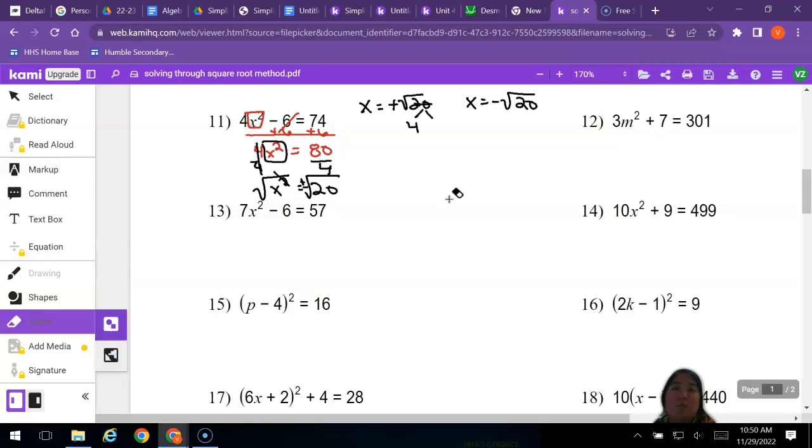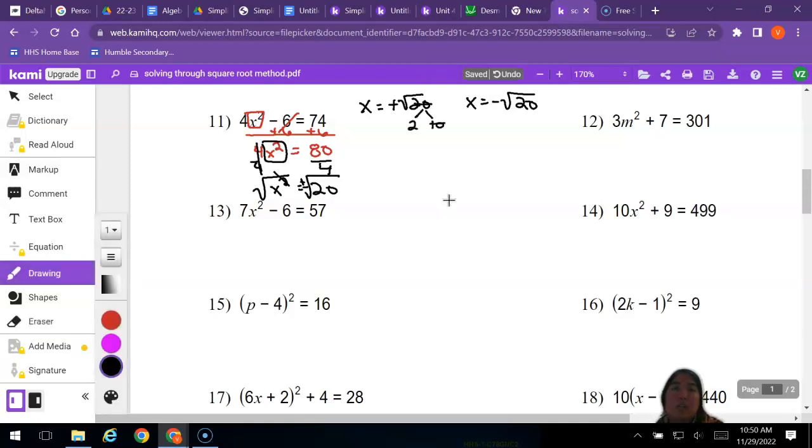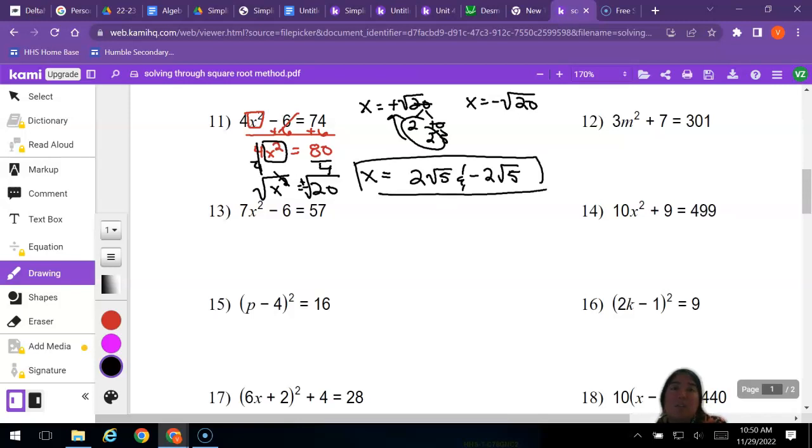Prime numbers, 2 and 10, 2 and 5. Right? Bring these out. X equals positive 2 square root of 5 and negative 2 square root of 5. It equals both for number 11. See, we're still using our skills that we used before.